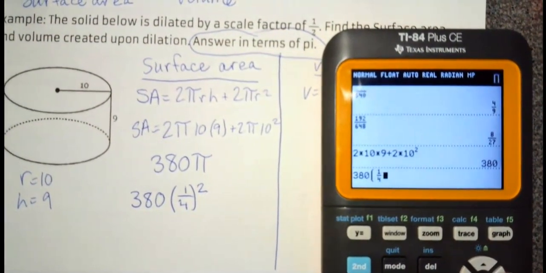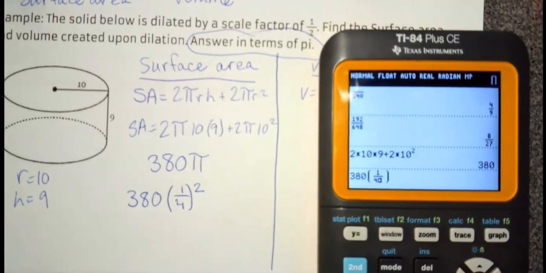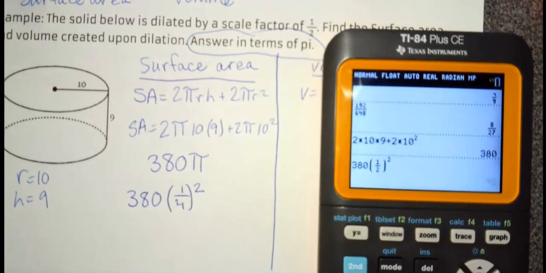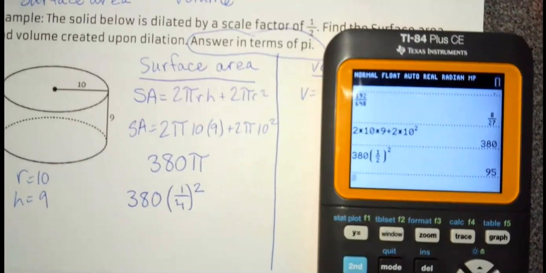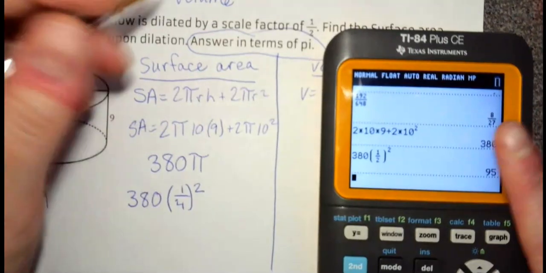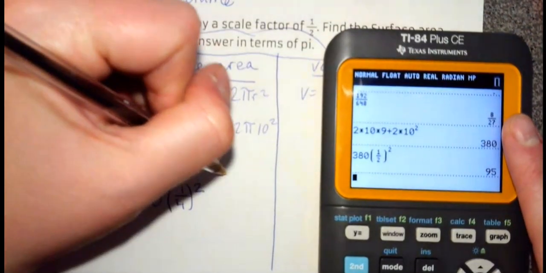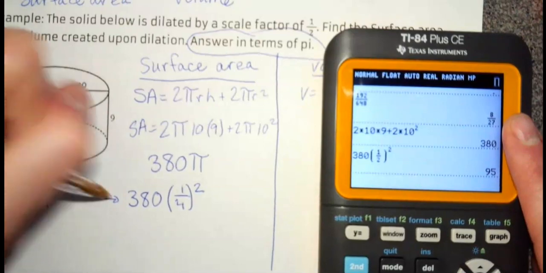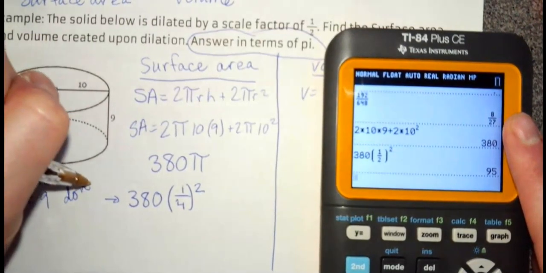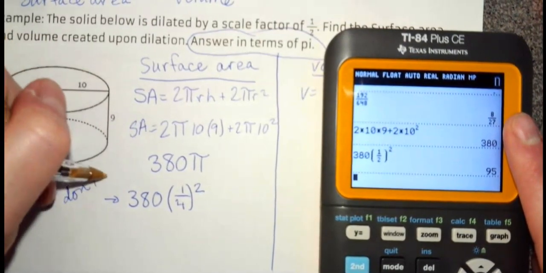1 over 2 squared. So 380 times 1/2 squared, which ultimately is multiplying it by 1/4. Because remember, you don't put pi in the calculator. So I'm going to write that here because you're probably like, wait, where'd pi disappear to?